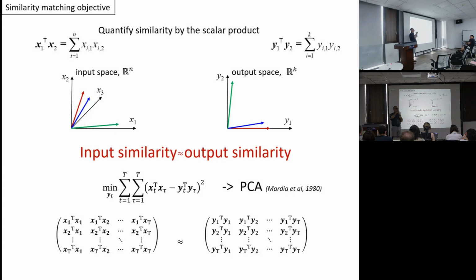And I need to compute similarity, pairwise similarity between all of the pairs. So I call this index T and this index tau. And then this shows me all these terms here. Okay? Good? Okay. But the problem is that then I have to combine, say, x1 with the x capital T to optimize this objective.